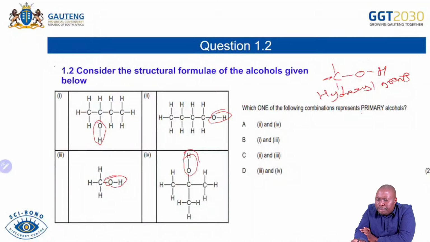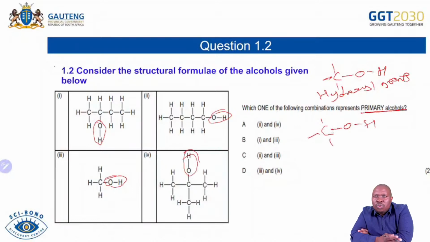So we're looking for a primary alcohol. By definition, a primary alcohol is the alcohol where the carbon that is bonded to the OH is bonded to one other carbon or to hydrogen.